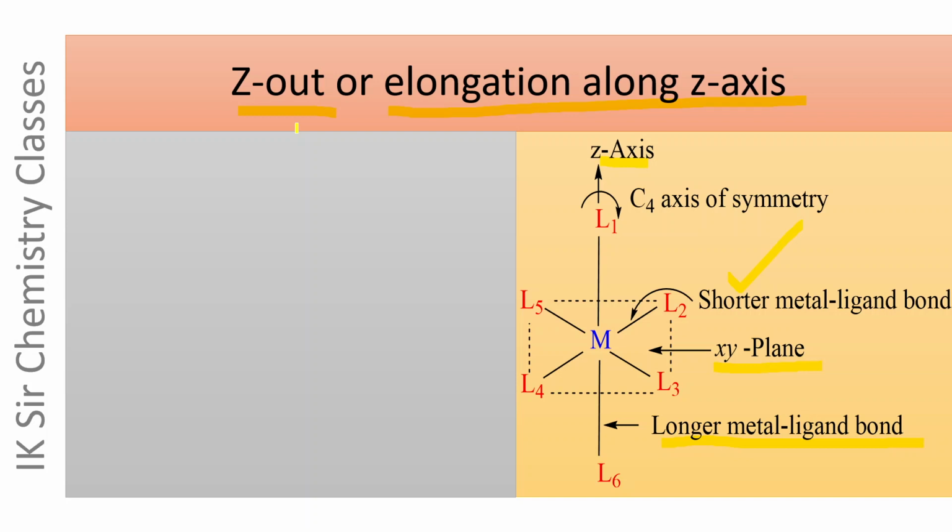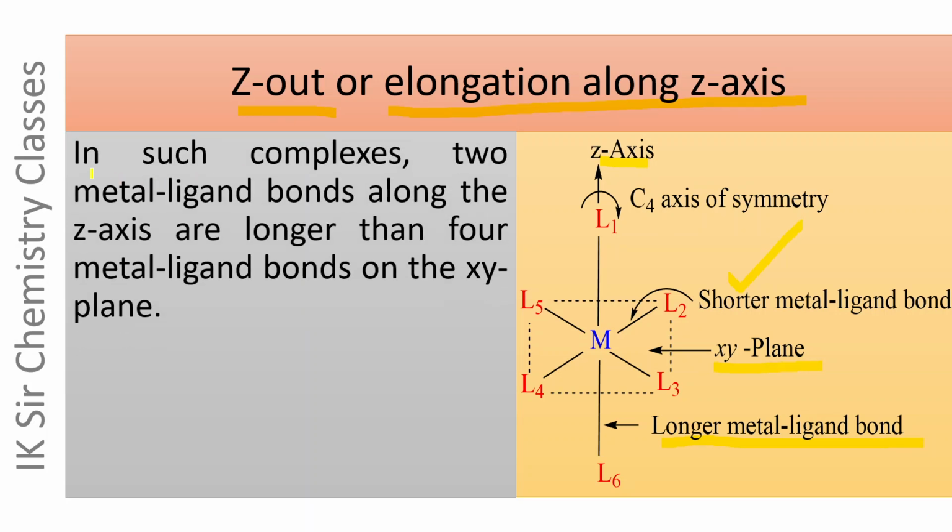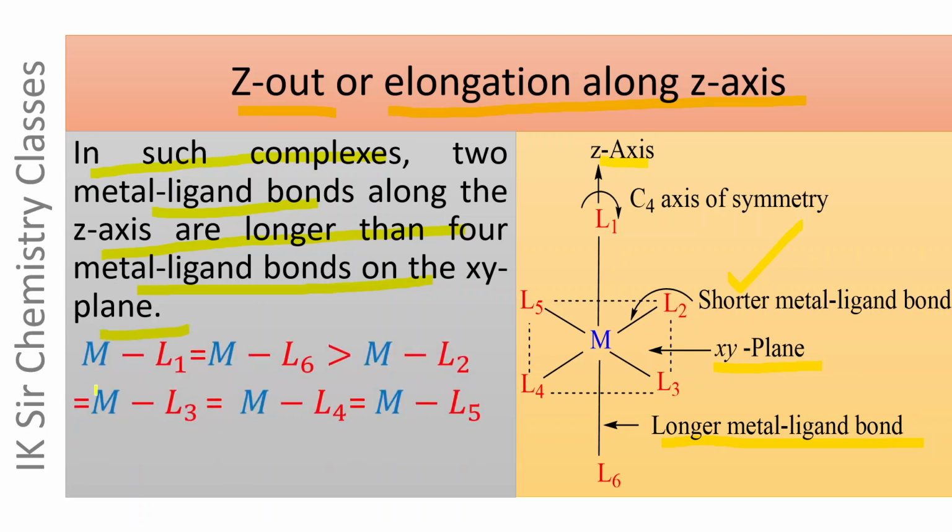In such complexes, two metal ligand bonds along the z-axis are longer than the four metal ligand bonds on the xy plane. It means ML1 is equal to ML6, which is longer than ML2, ML3, ML4 and ML5.